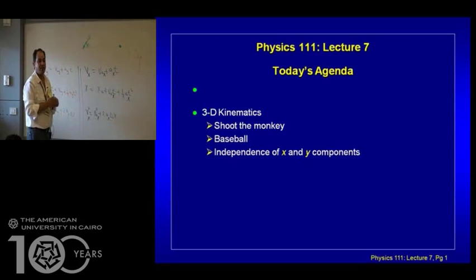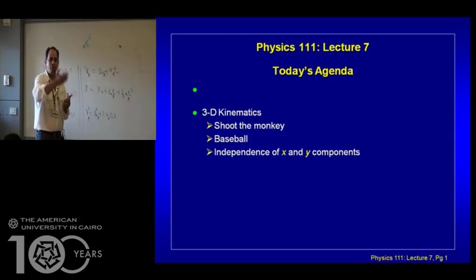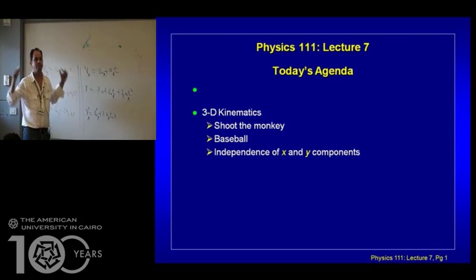Can you find the x component of the initial velocity? Mariam, I want the x component of the initial velocity. Which one is Mariam? Okay, Mariam, go. The x component of the initial velocity.